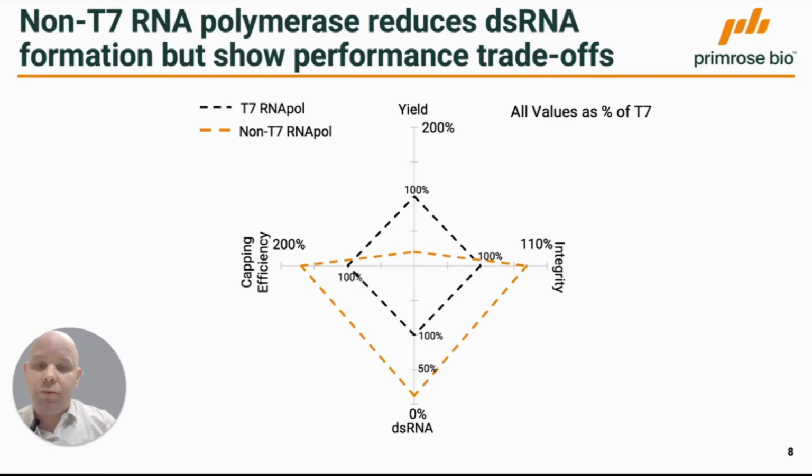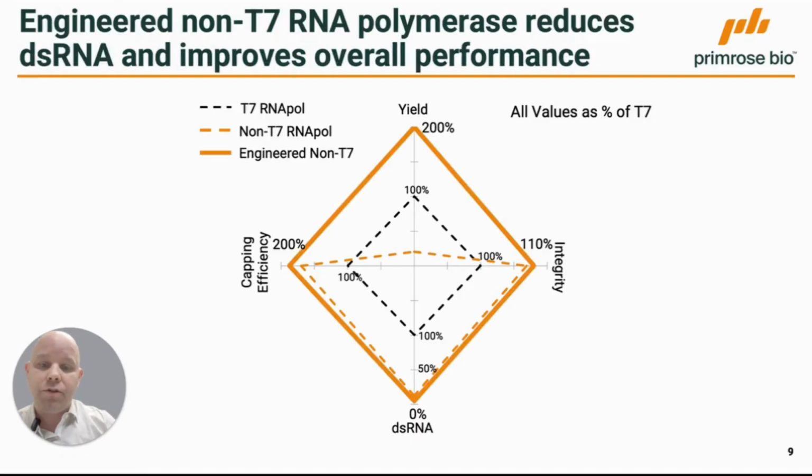So what we did is we took this non-T7 RNA polymerase, and also other non-T7 RNA polymerases, and exposed them to our evolution platform and protein engineering platform to see if we could improve, for example, yield. The outcome was that we identified an engineered non-T7 enzyme that now has no trade-offs, and the overall performance is excellent.